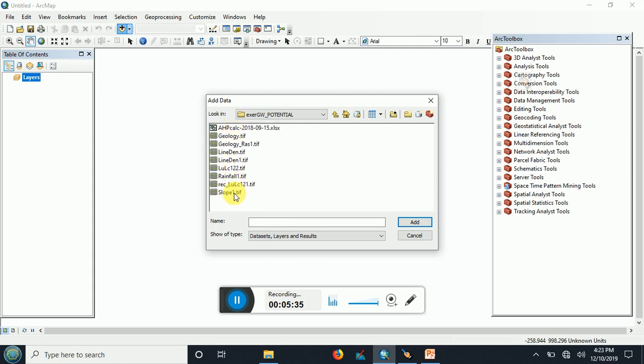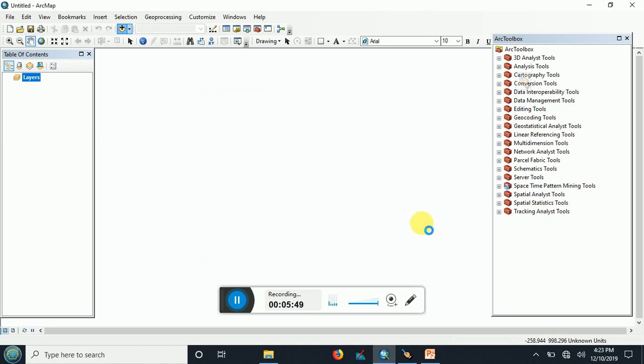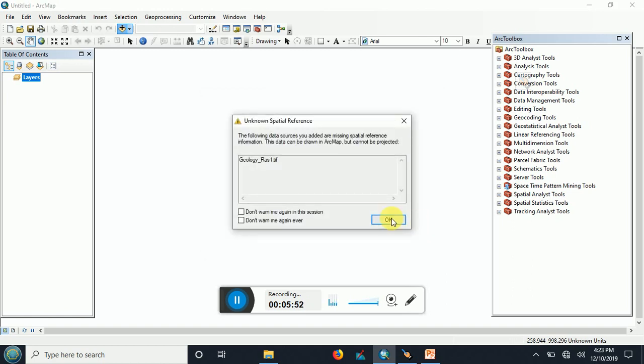Then when you add, please add slope, please add land cover, rainfall. There is a representation of land cover changes, leave it. Lineament density and geology. Around 5 factors.